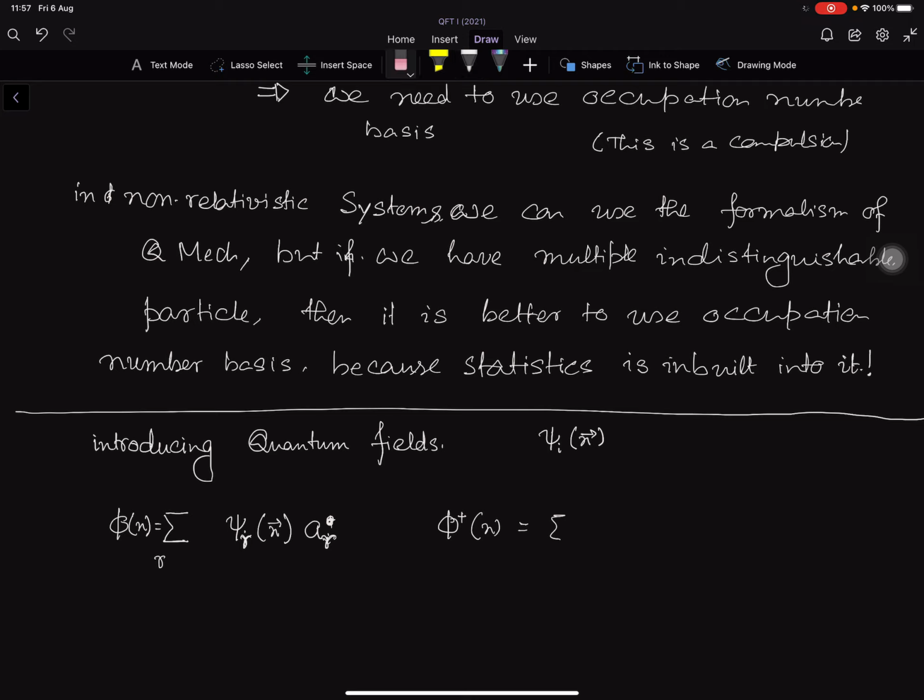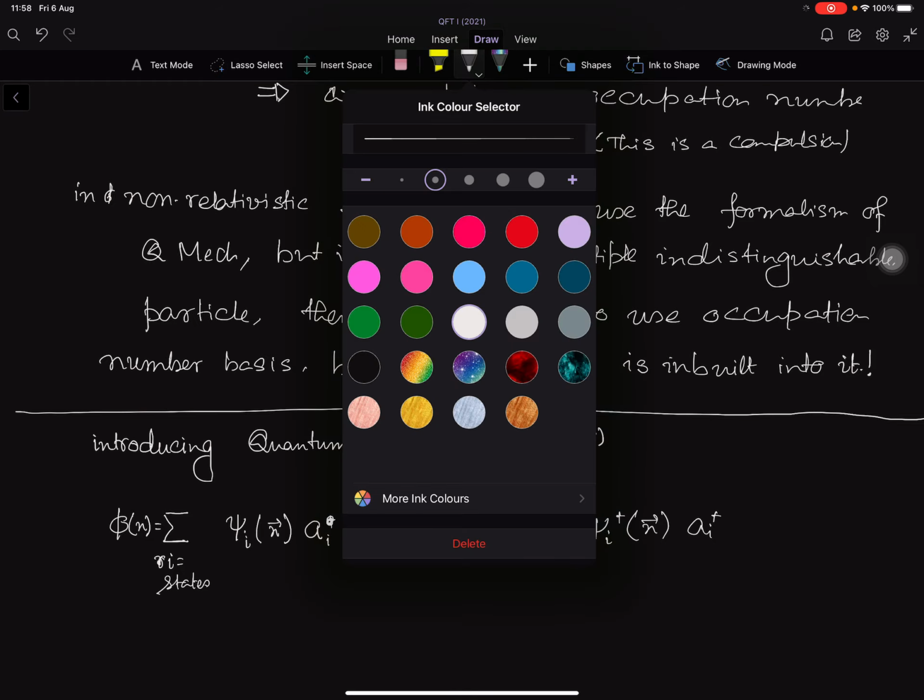Oh, I'm sorry, i and j was the state index actually. Technically this is not necessarily a sum, it can be an integral also.